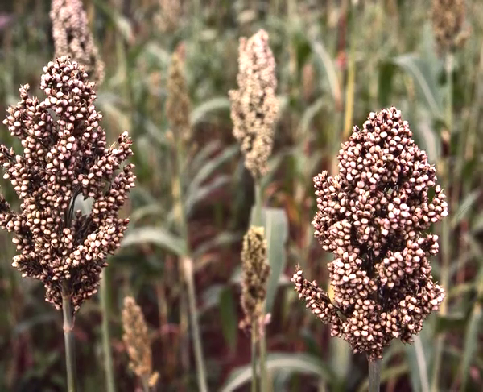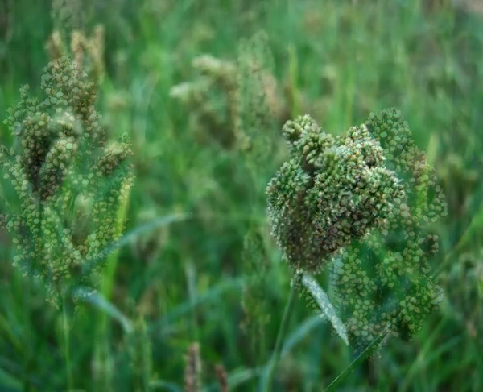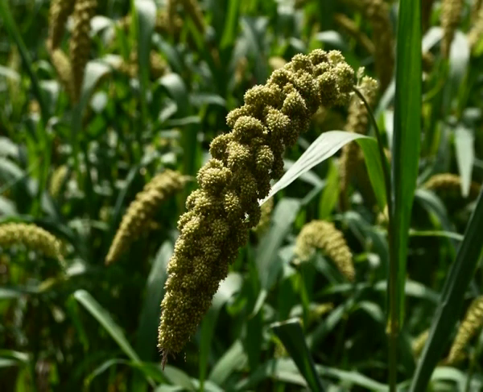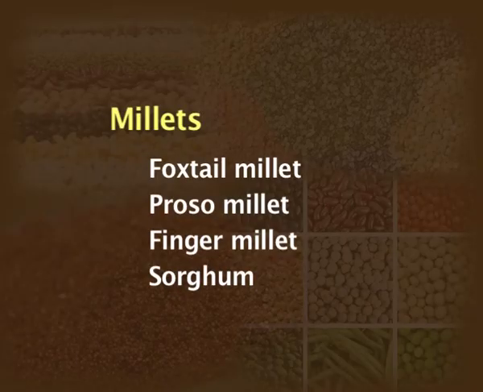Millets are called poor man's cereal, and they are also very rich sources of energy, and they are mostly grown in the arid and semi-arid parts of the world. Now, these are more popular in the eastern nations than in the west, and they include several millets like, for example, foxtail millet, the proso millet, the finger millet as well as sorghum.